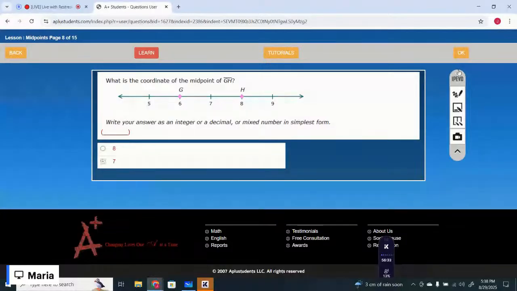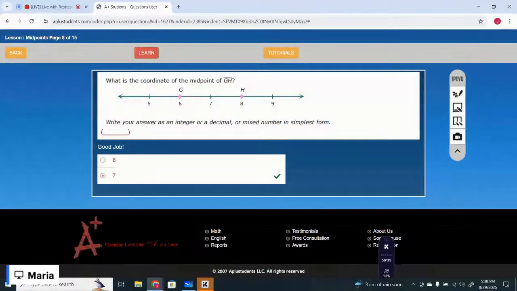So GH equals 7. Option number 2 is the correct option.